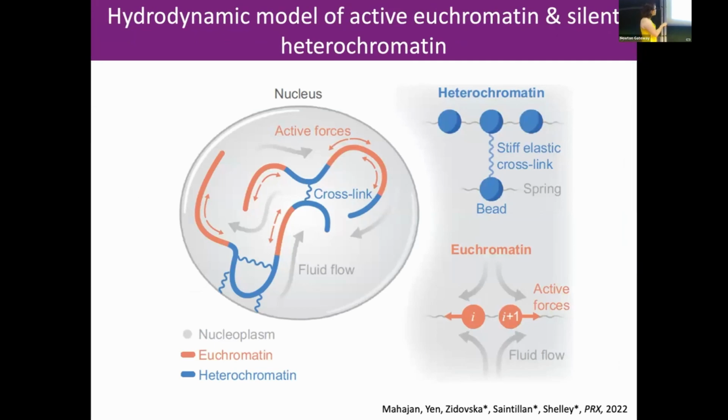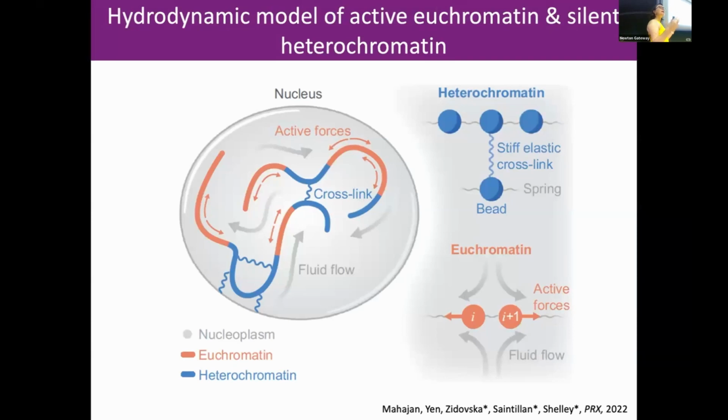Our polymers now consist of parts that correspond to euchromatin and parts that correspond to heterochromatin. What does it mean? I have the euchromatic part, the orange ones, where the genes are actively transcribed. So I have active forces stochastically acting on those. Then I have the blue parts, that would be the heterochromatin.